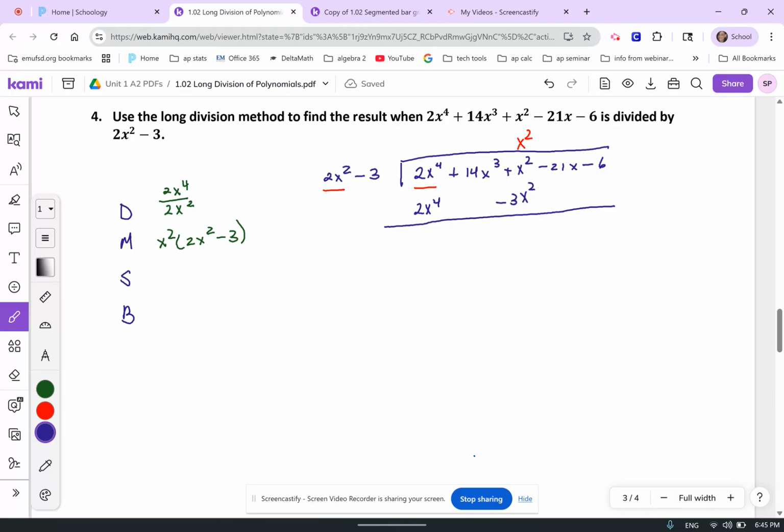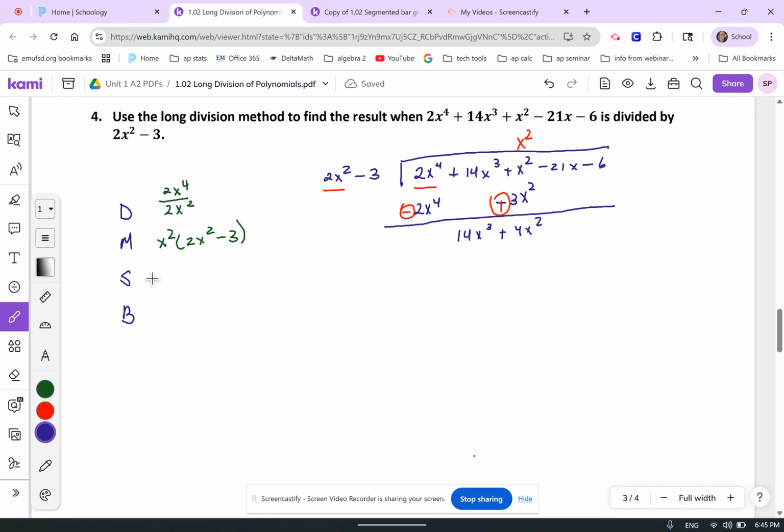We're now going to subtract, but when you're subtracting, what you're actually doing is just distributing a negative sign. 2x to the fourth minus 2x to the fourth is just 0, so we don't have to write it. And now we have 14x cubed. X squared plus 3x squared is 4x squared.